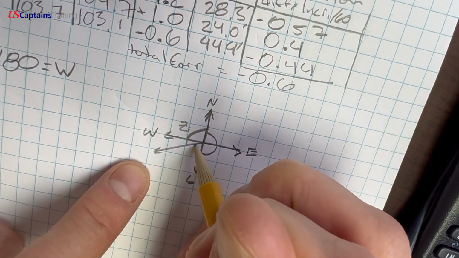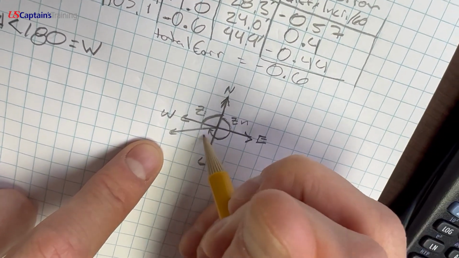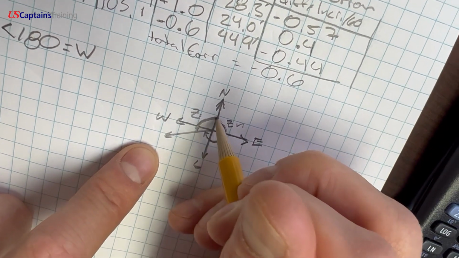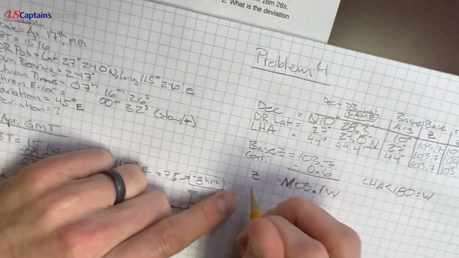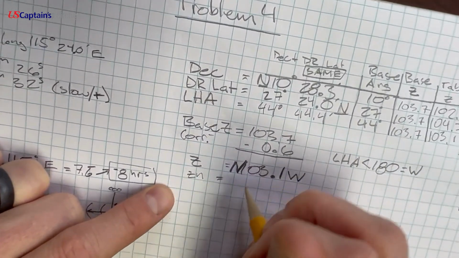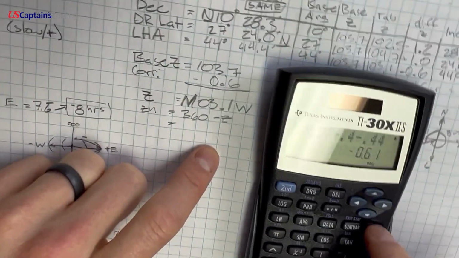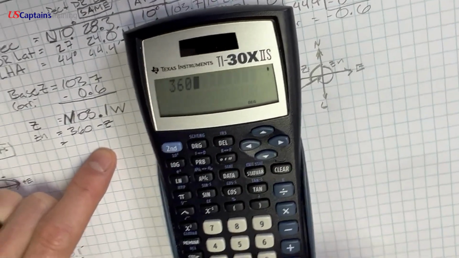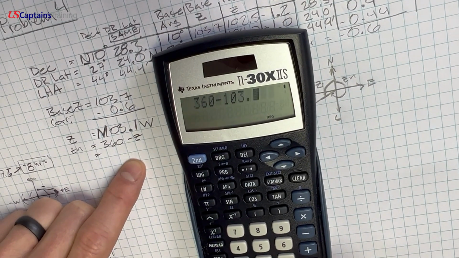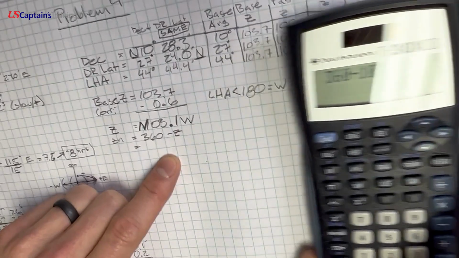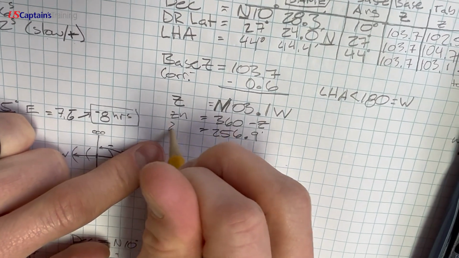So all the way around this way, this is our ZN. So basically, we can take 360 degrees minus this Z, and we will get our ZN. So ZN is equal to 360 minus 103.1 equals 256.9 degrees. That's our ZN.